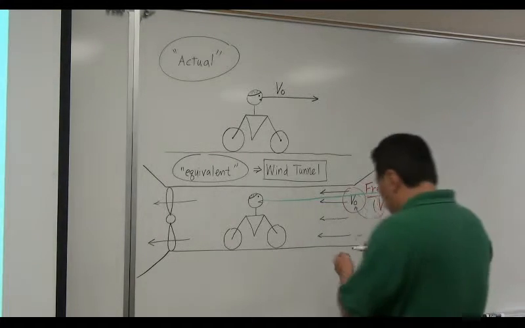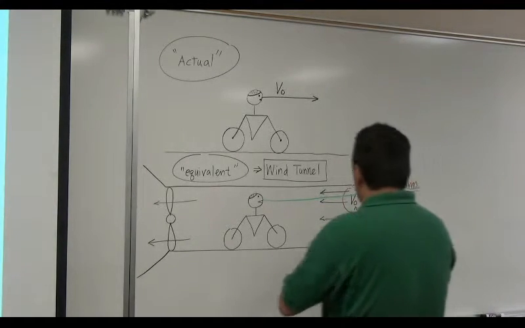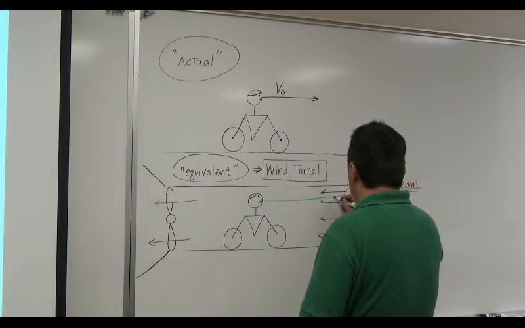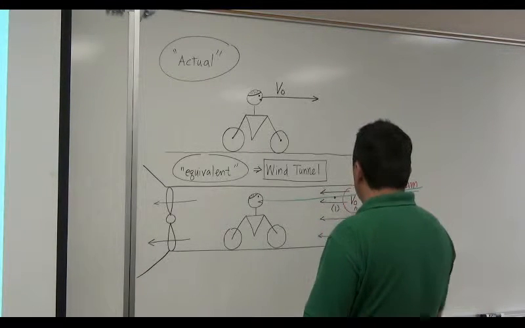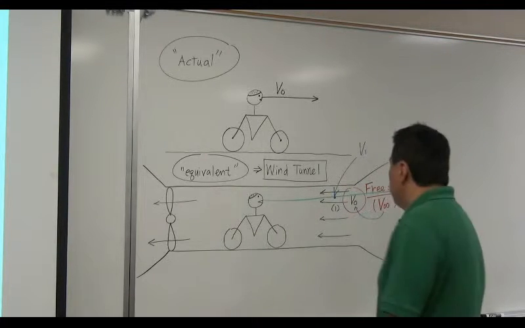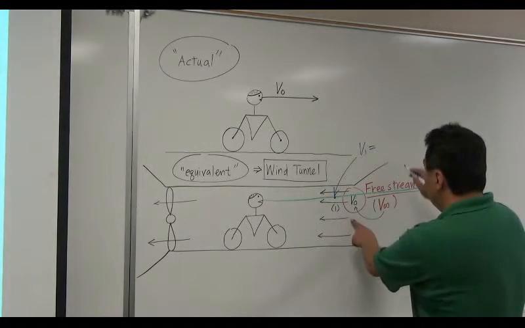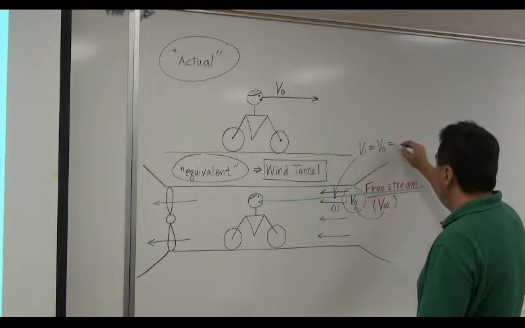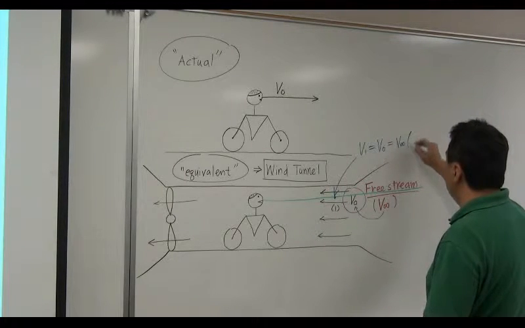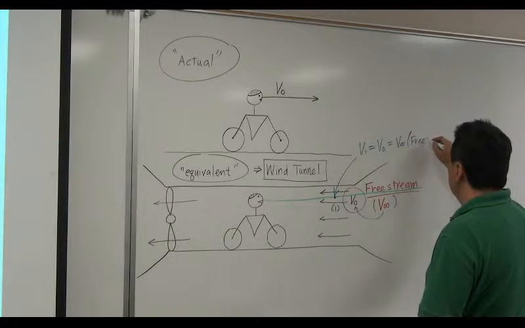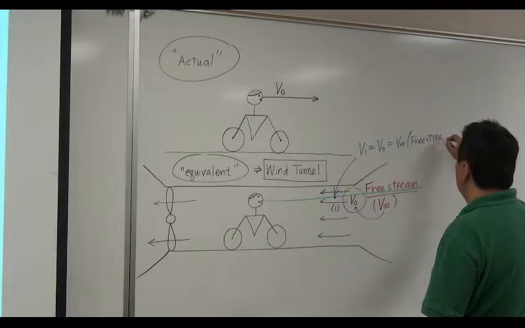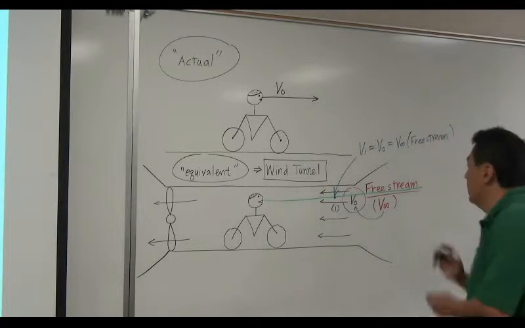So velocity right here, let's call this location 1. Velocity right here, location 1, is essentially equal to v0, which is oftentimes v infinity, called free stream of the wind tunnel testing. Okay?